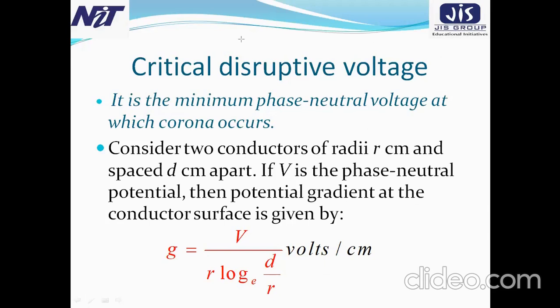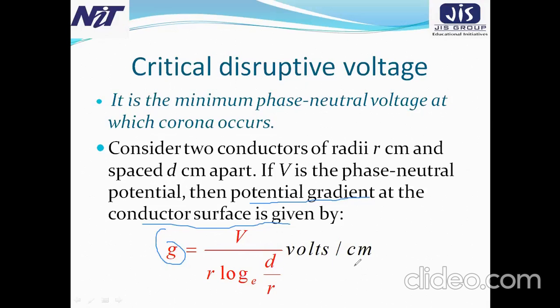I already discussed this topic several times. So the potential gradient at the conductor surface will be G equals V divided by small r log d by r to the base e volts per centimeter. The unit of the potential gradient is volts per centimeter.